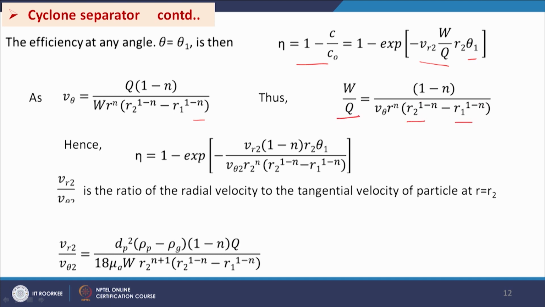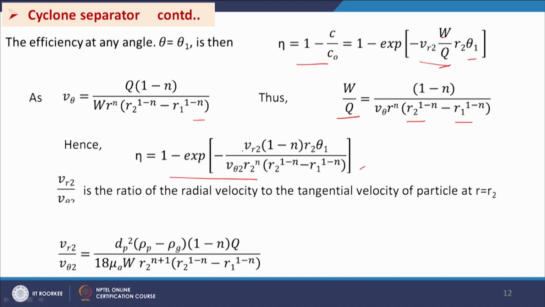Now, we will replace this W by Q value here, and if we replace, then we will get the efficiency in terms of this expression: 1 minus exponential minus V r 2 (1 minus n) r 2 theta 1 by V theta 2 r 2 to the power n and r 2 to the power 1 minus n minus r 1 to the power 1 minus n. So, these expressions we are getting.